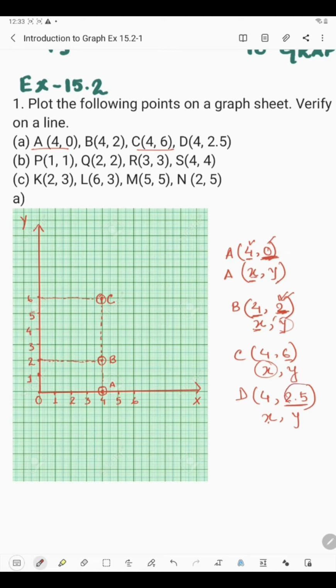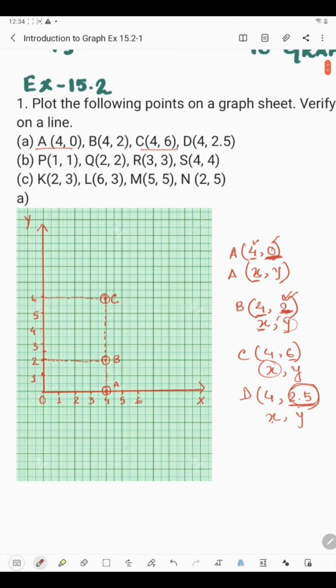For putting this 2.5, we need to check the y-axis, since this is the value of y. Here 1, 2, and here is 3. And 2.5 means exactly in between 2 and 3. Here 5 boxes and here 5 boxes, so exactly in between 2 and 3.